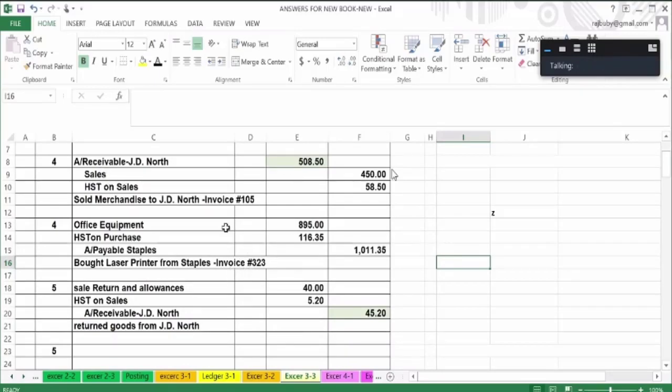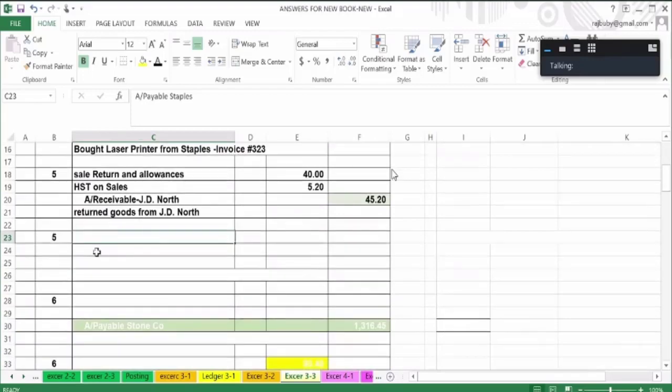January 5th. Invoice number 323 received from Staples shows an overcharge of $50 plus HST of $6.50. Received a credit note. The overcharge must be charged against the account that was debited originally. So accounts payable, Staples, we're going to debit that, and also debit HST on purchase.